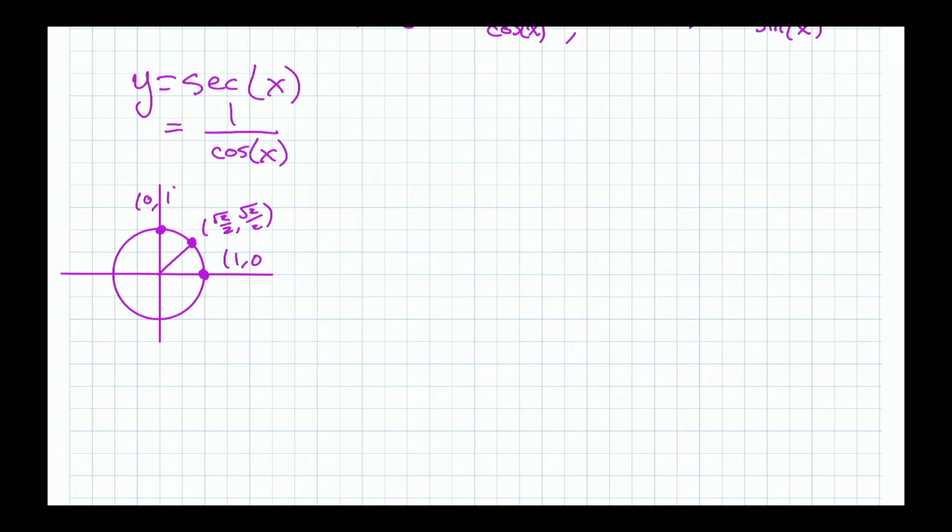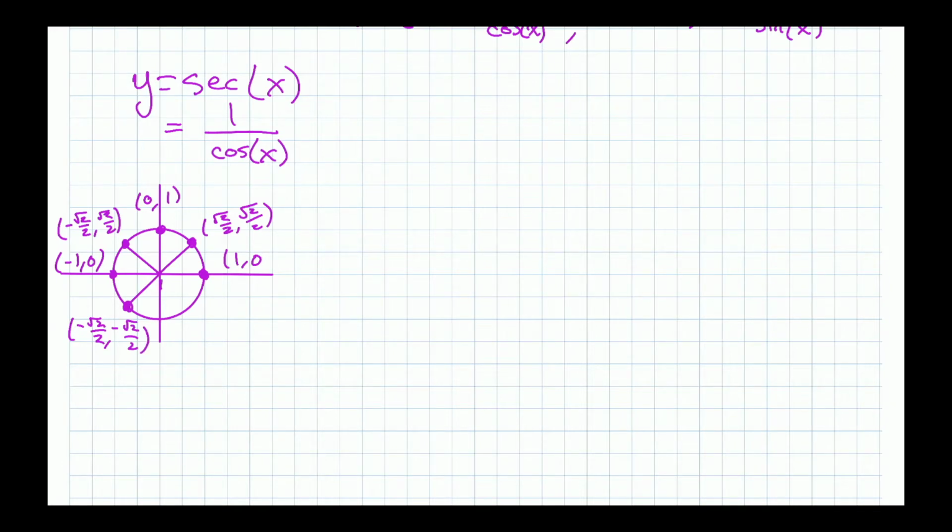That is 0, 1. Then you're going to be over here, negative root 2 over 2, root 2 over 2. Down here, which is negative 1, 0. Going to be here, negative root 2 over 2, negative root 2 over 2.